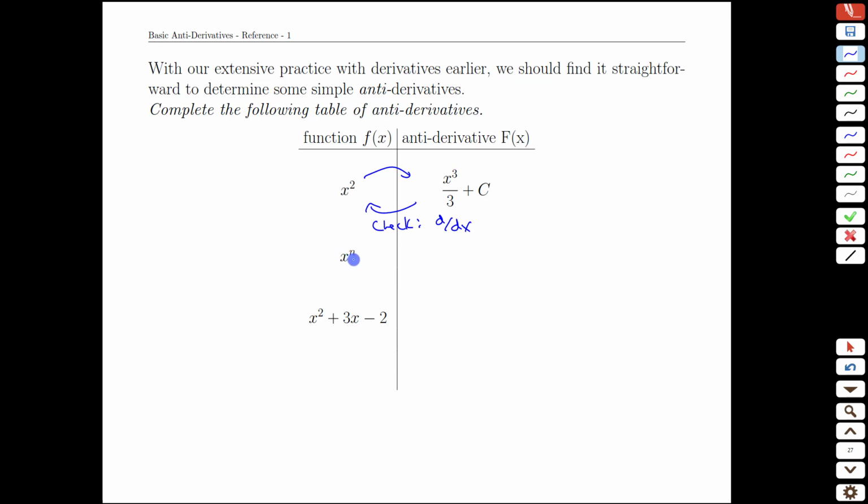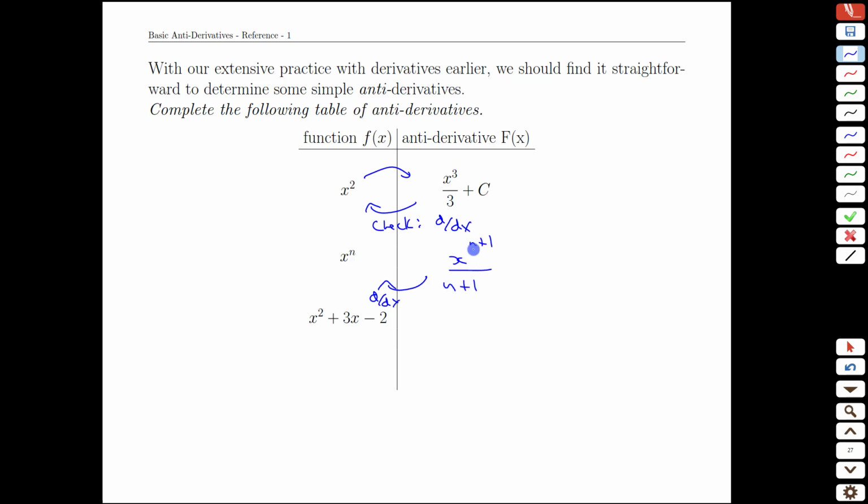What about other powers of x? So if we have x squared, notice what we got here. We got x cubed over 3 because differentiating x cubed gives us x squared, and we want to cancel the 3 that pops out when we differentiate going back this way. If we generalize that, we would get one higher power here on the right, because when we differentiate, we're going to take one off the power and get back to x to the n.